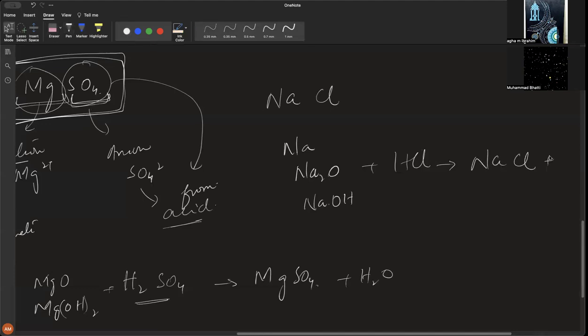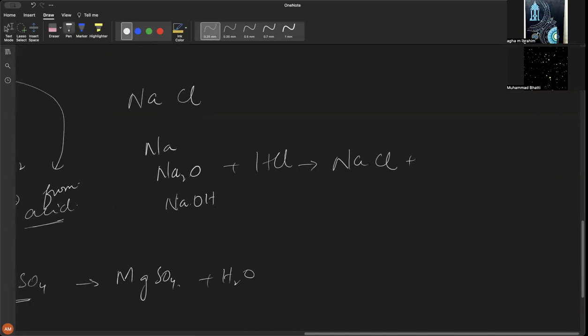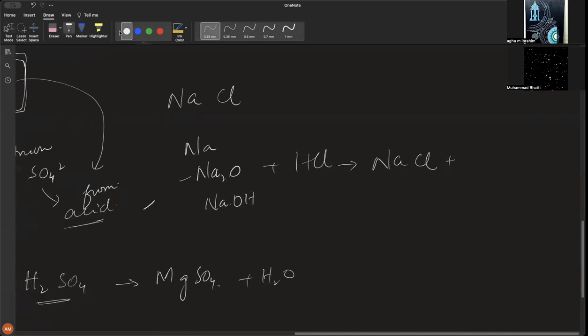And whatever it is, if it is reacting with these two, the product would have been water. If it was only reacting with sodium, it would have been H2, hydrogen gas.